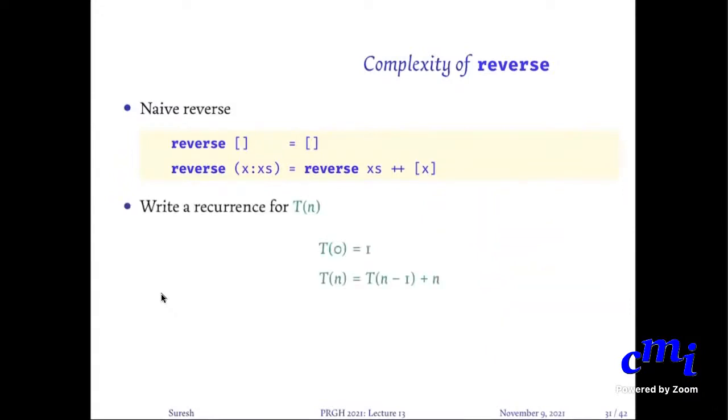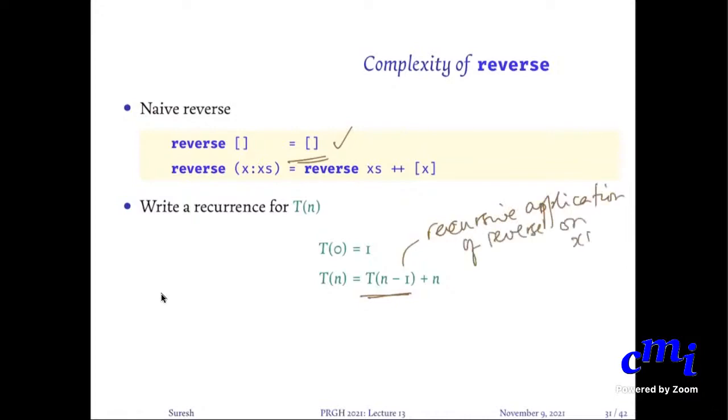So if you want to write a recurrence for this, here is how you actually compute the time complexity. You will say that t of 0, where 0 is the length of the empty list, is 1, because you directly apply this rule and you are done. T of n, you will have to recursively compute t of n minus 1, which is the recursive application of reverse on xs.